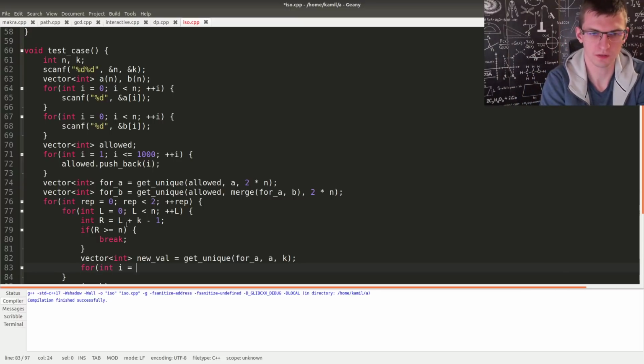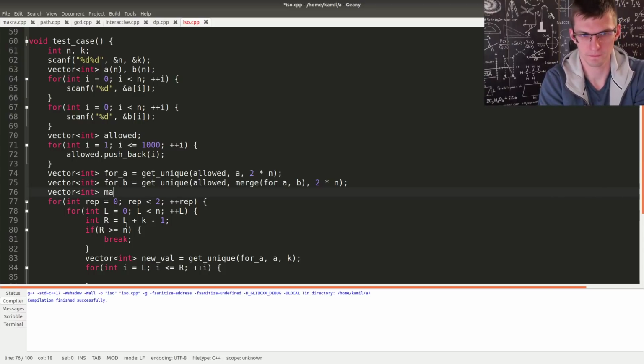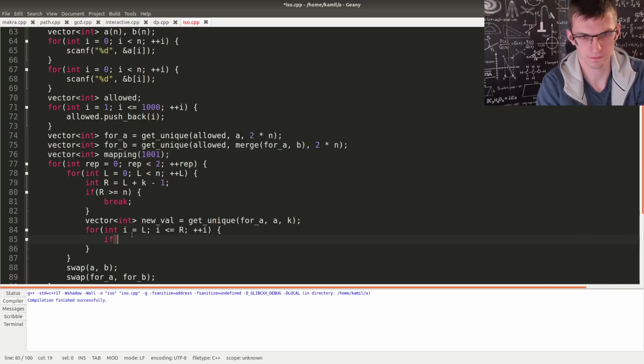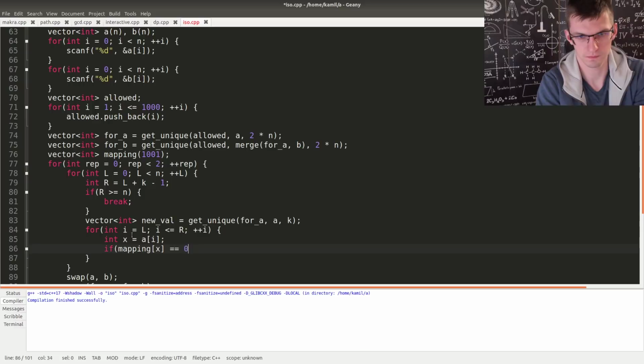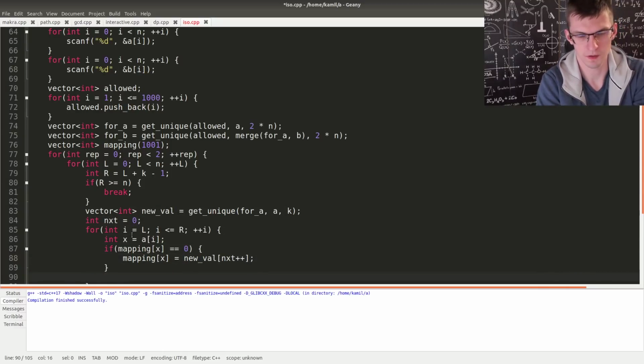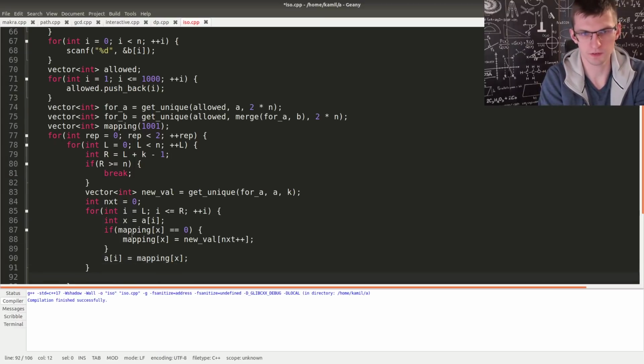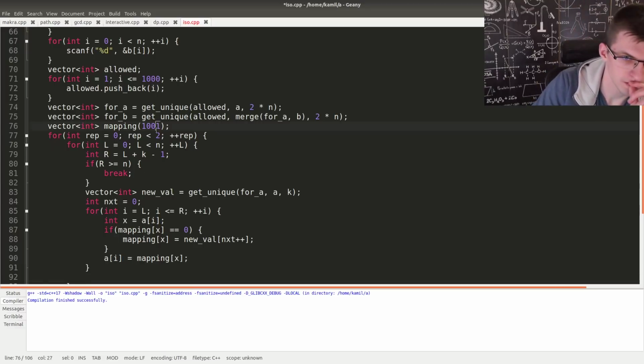Replace this interval. This is first step, and the second is just zero this out.